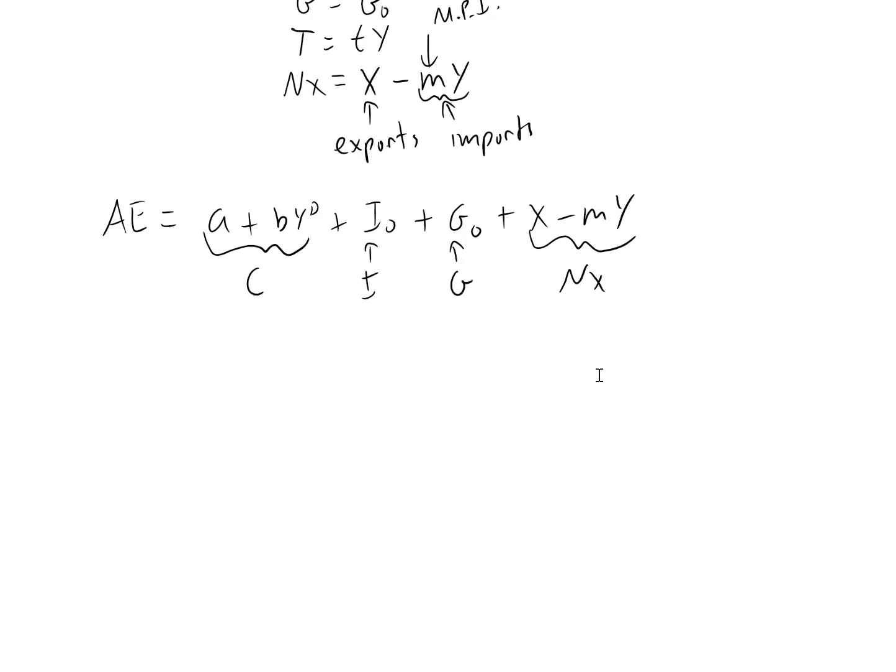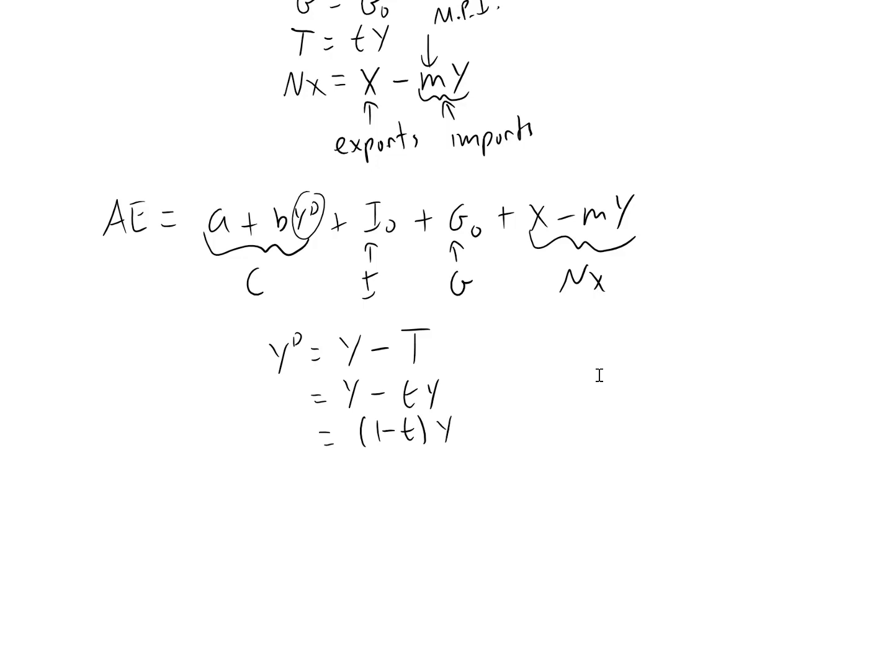So we still have to deal with this YD. We have to remember YD is disposable income, or after-tax income. So YD is Y, national income, minus taxes. That's what disposable income is. Just like before, we plug in what capital T equals.